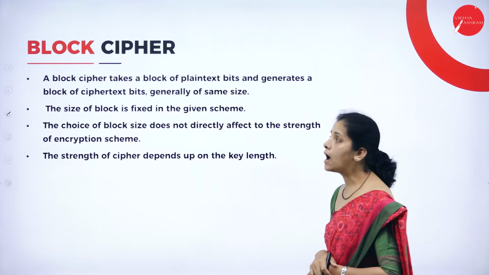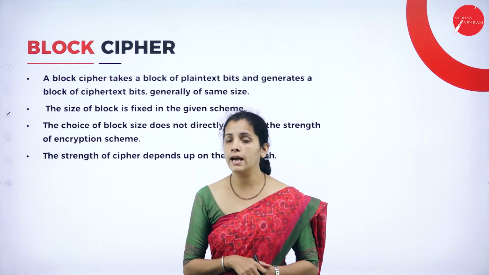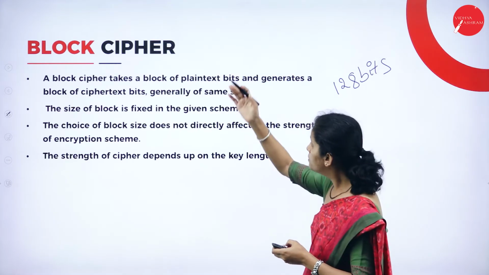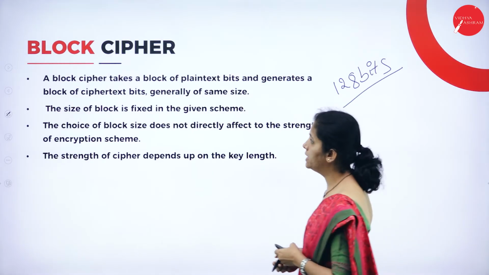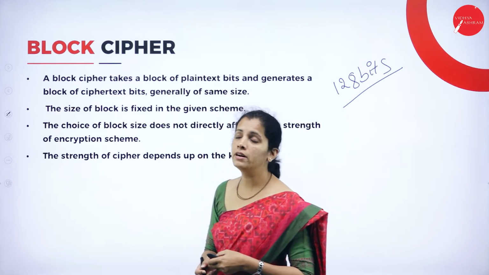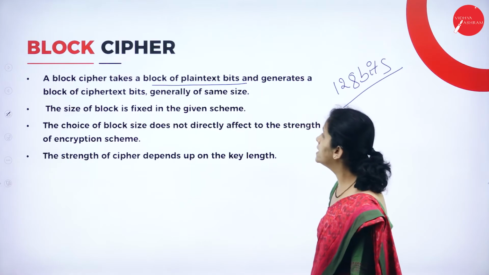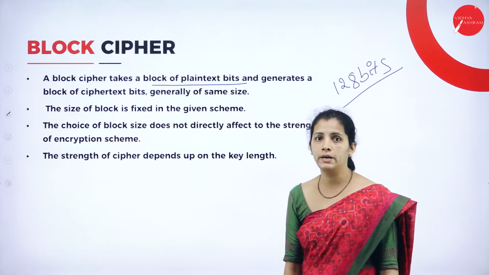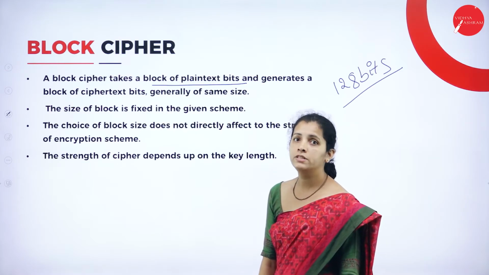Now let's look at block cipher. Dear student, please remember one thing here: if I go with block cipher, then I can have 128 bits. A block cipher takes a block of plain text bits and generates a block of ciphertext bits, and both generally have the same size.